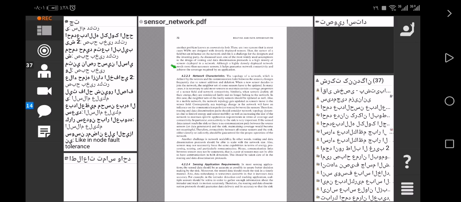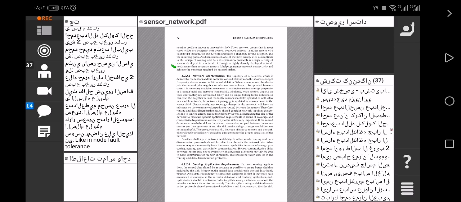Based on the nature of each application, maybe for a special application we need high accuracy. For another application, accuracy is not important, but reliability is very important.